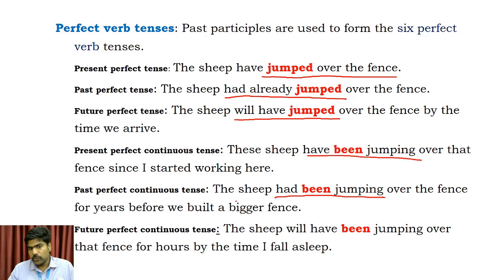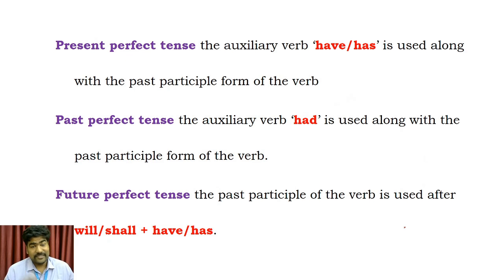In future perfect continuous tense, the sheep will have been jumping. Now we find the differences between these tenses. In present perfect tense, the auxiliary verb has or have should be added to the past participle form of the verb.